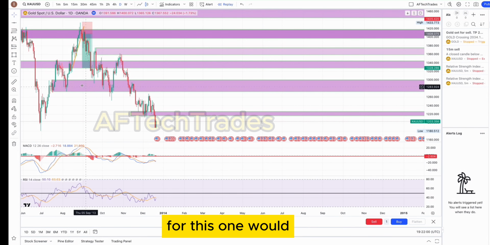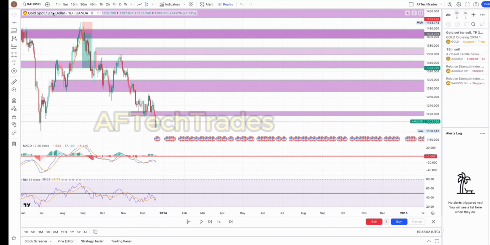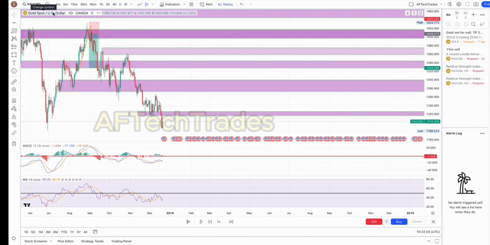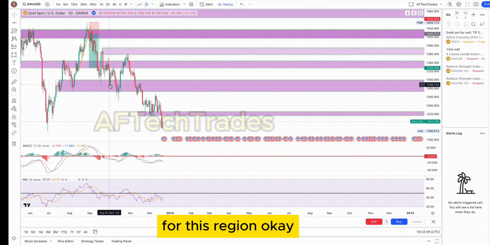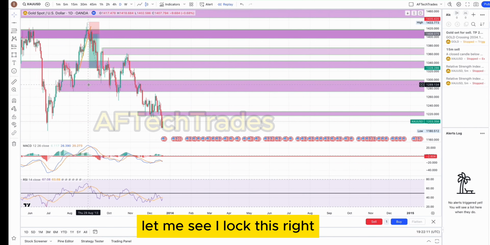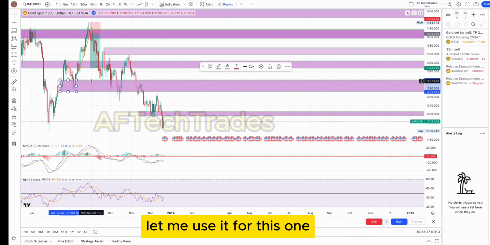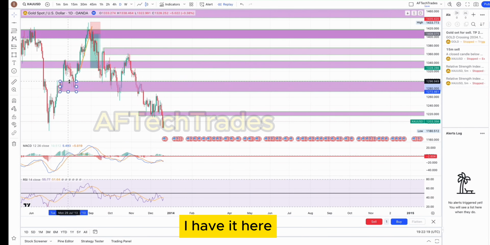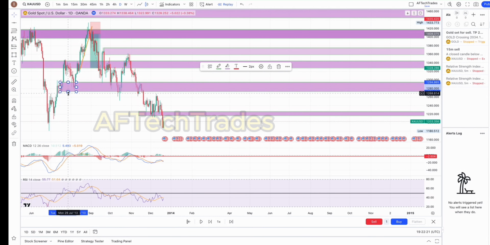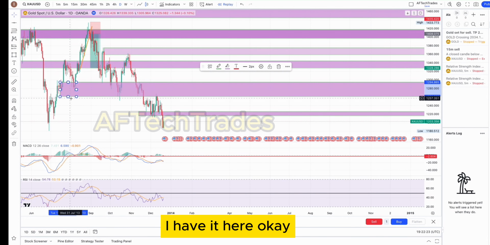For this region, let me see, I lock this, right? I want to unlock it. Let me use it for this one. I have it here, okay.